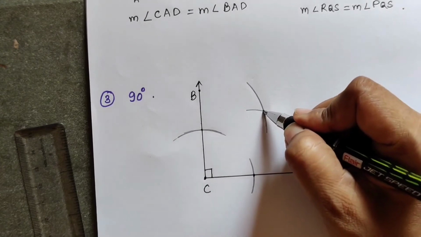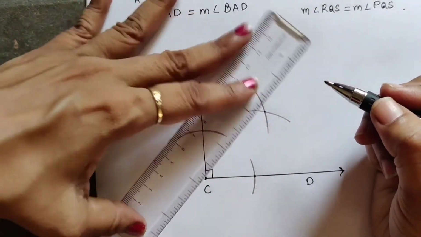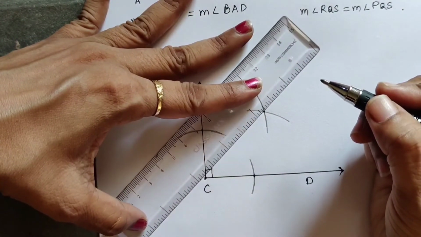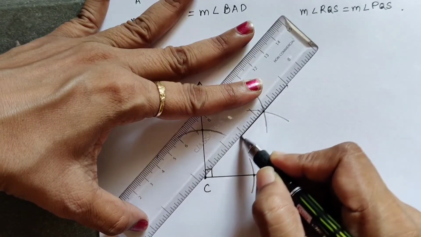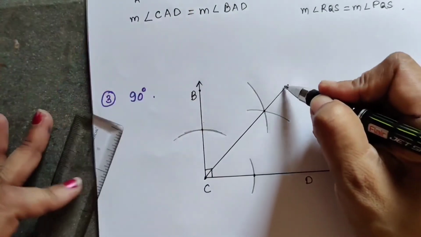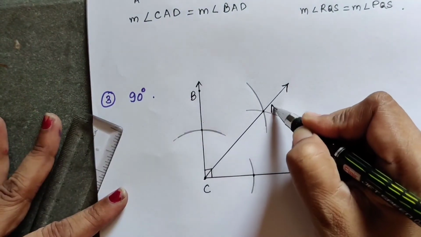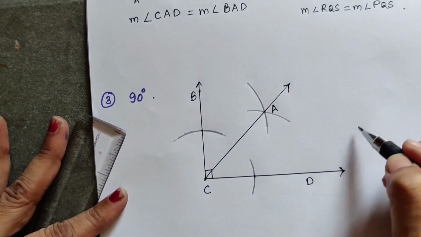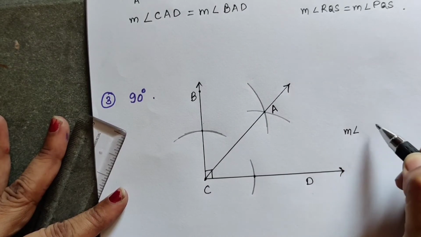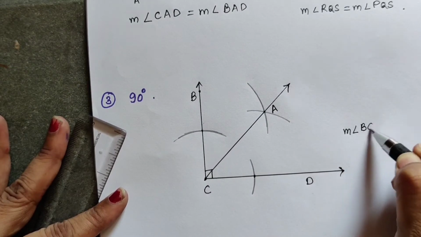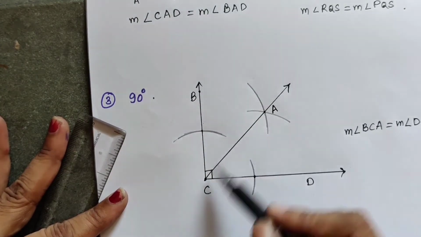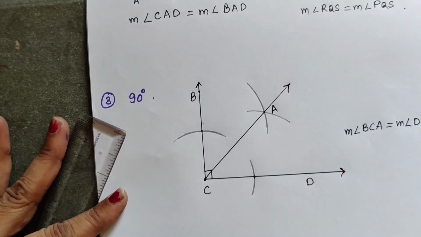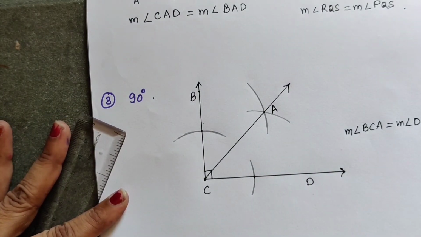Make the point a little dark so we can join the point with vertex C. We can give the name A to this point, and in this way we have got two equal angles. Angle BCA is equal to angle DCA. In this way we have to draw angle bisectors.